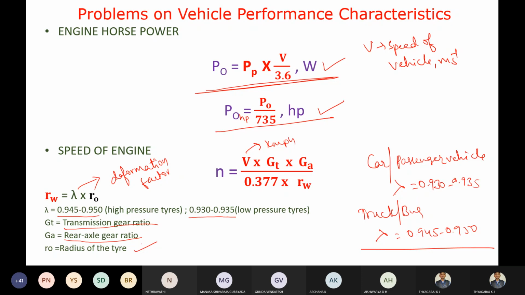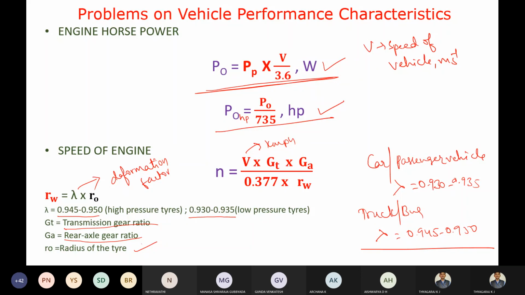Engine horsepower, P naught is equal to PP into V divided by 3.6. What does this 3.6 mean?